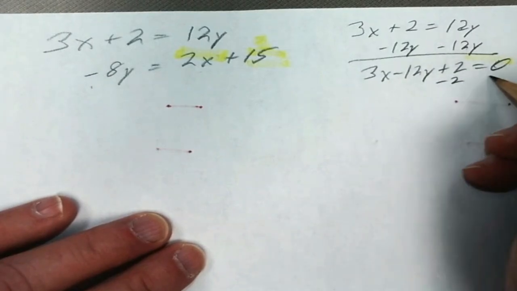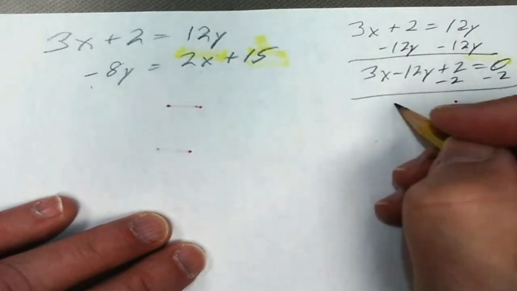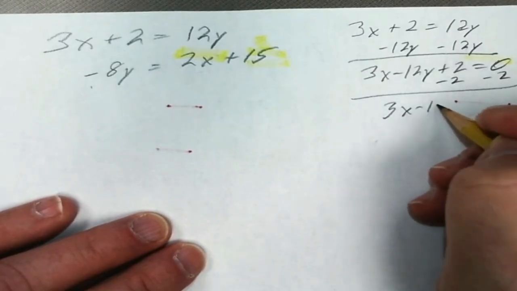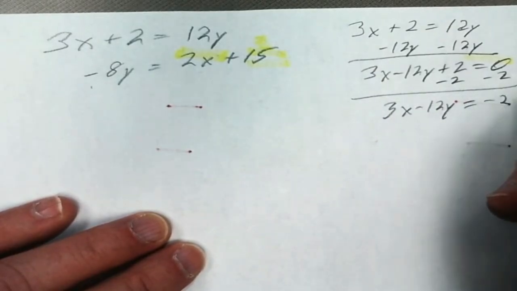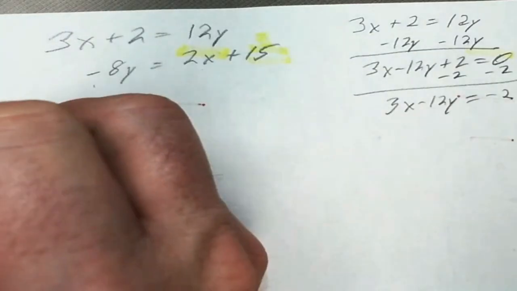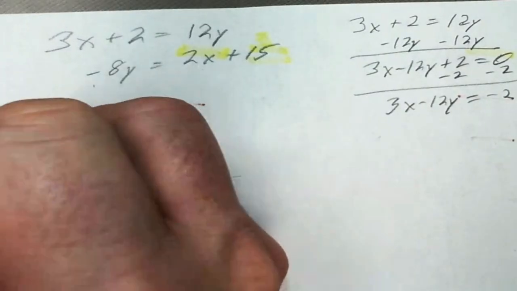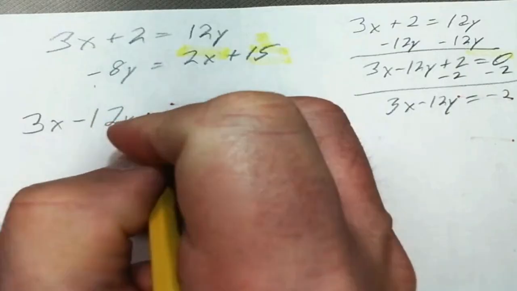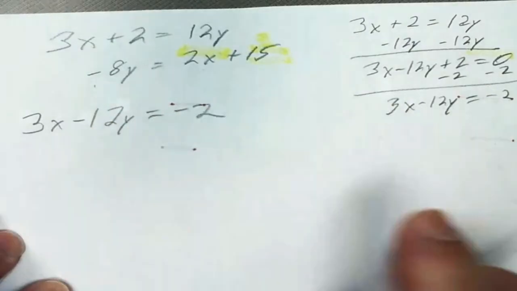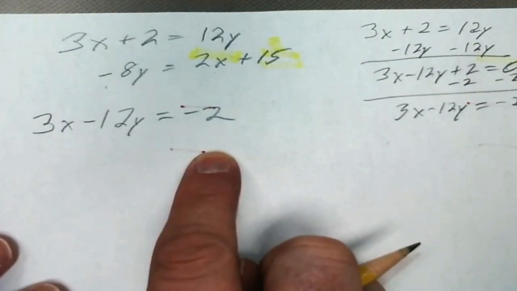So let's subtract that. 3x minus 12y equals negative 2. Okay, that's what our equation would be if we rearrange it. We rearrange it to be in the right order.